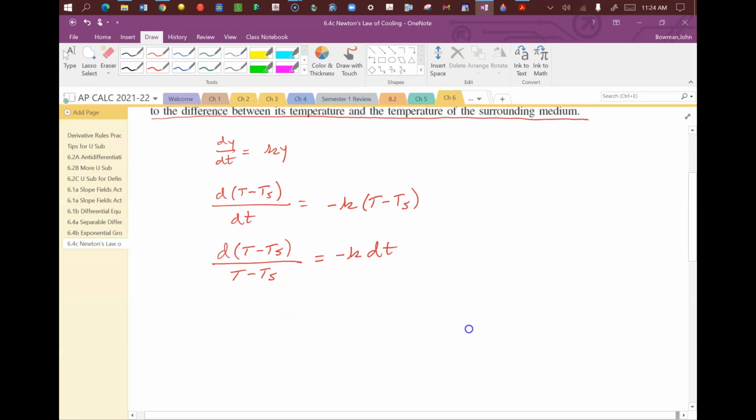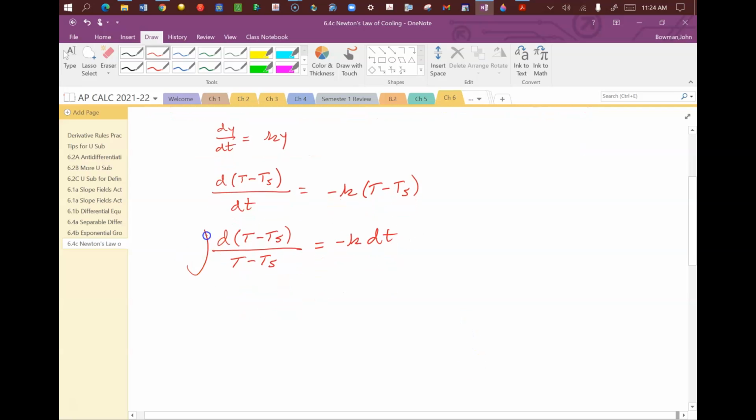If we integrate both sides, we get the natural log of the absolute value of the difference in temperatures, T minus Ts, equal to negative kt plus some constant c.